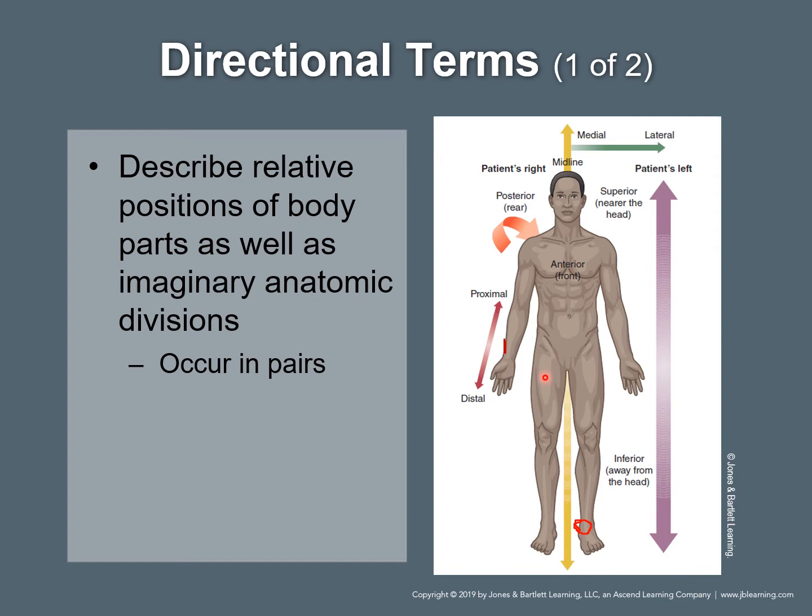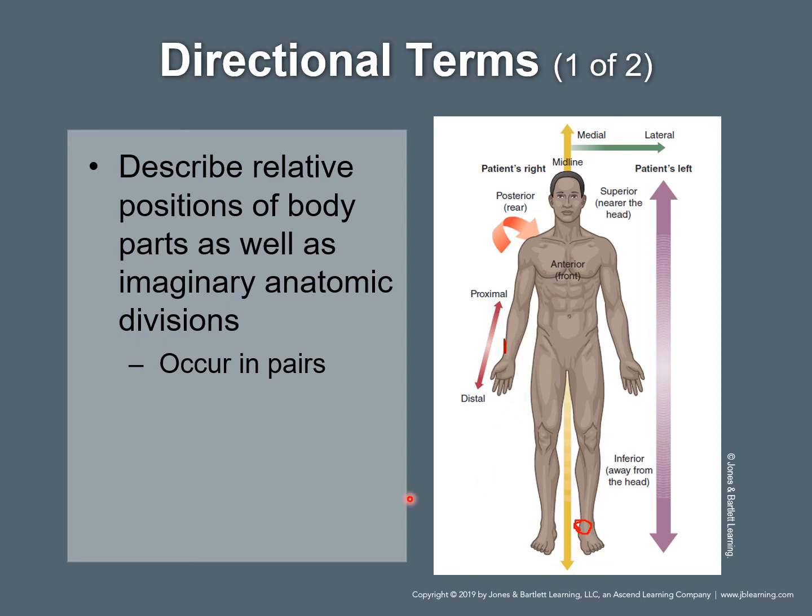So there are so many ways that you can use these directional terms to paint a picture, to write a story, to let your reader, your audience, whoever it is, whether it's dispatch doing the QA, or it's billing, or it's the nurse that took your report, or the doctor, you can tell them exactly where these injuries are.